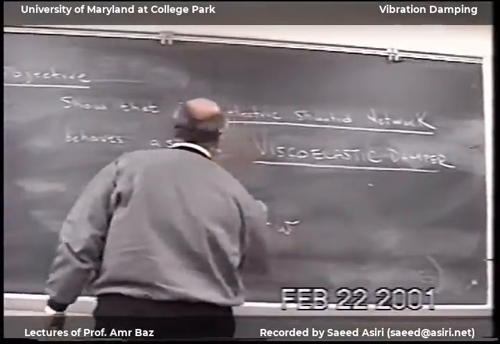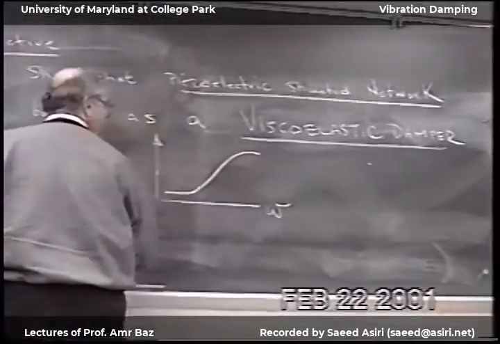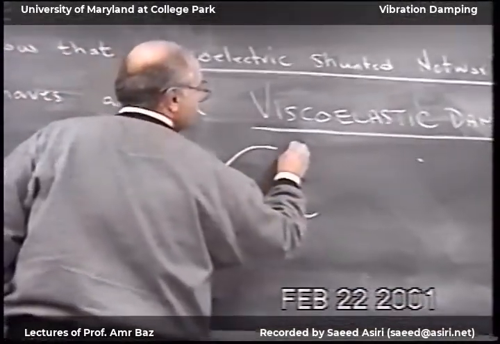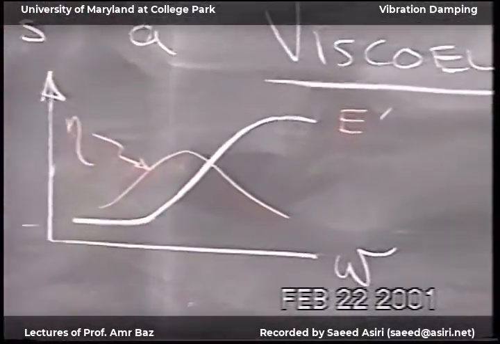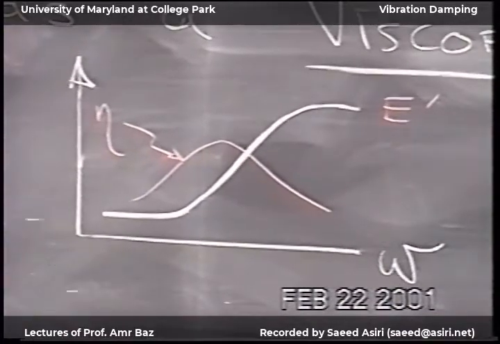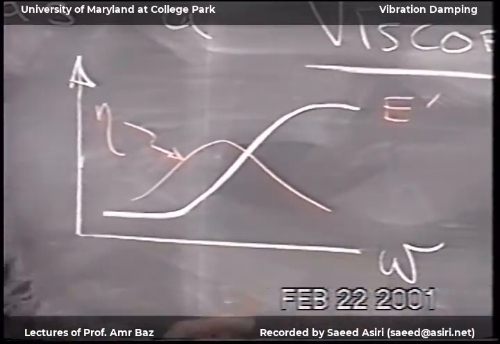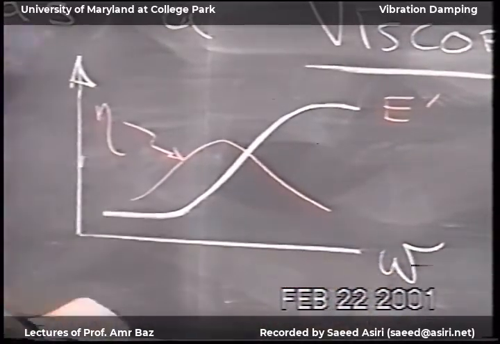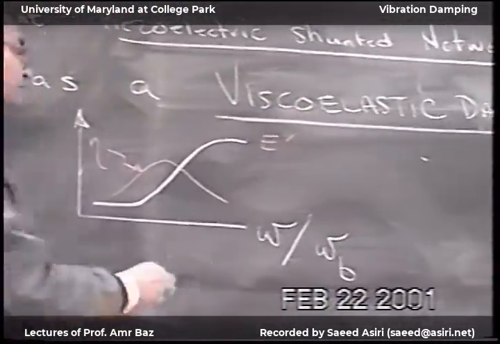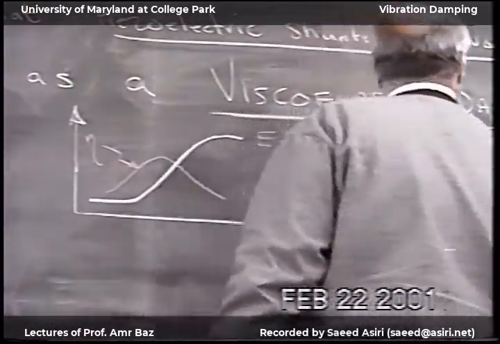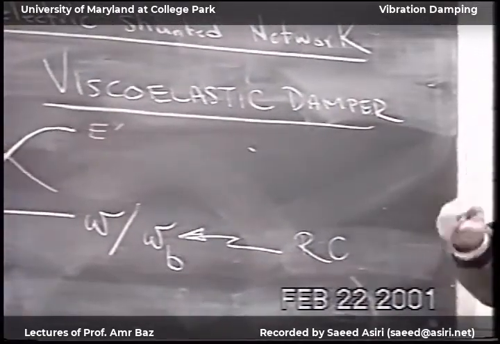For example, this is frequency, and then here we can get these characteristics. And I'll plot this as a dimensionless ratio between the excitation frequency and some frequency which is a function of the resistance and the capacitance.